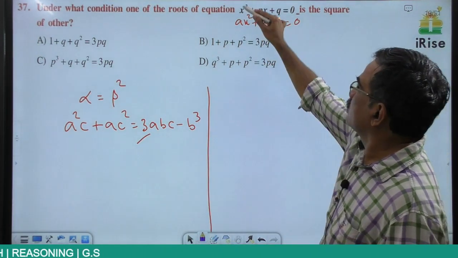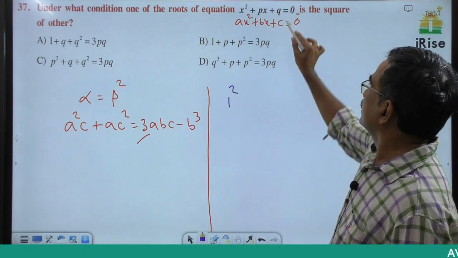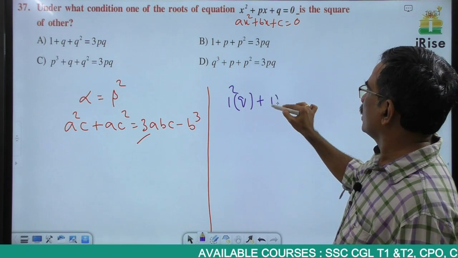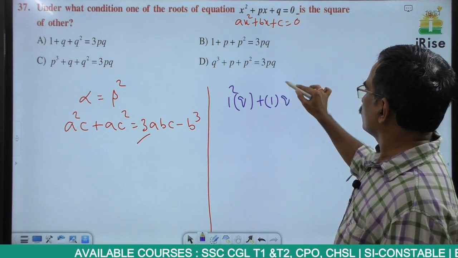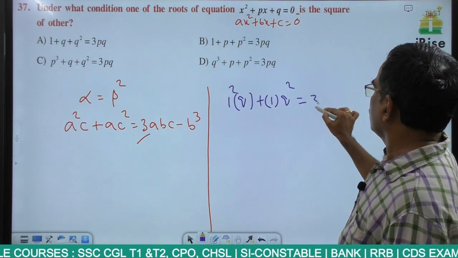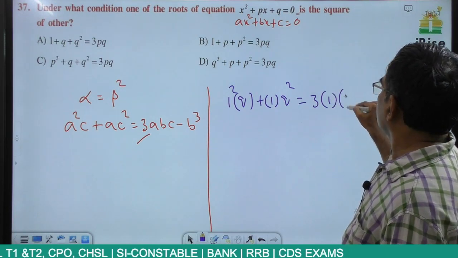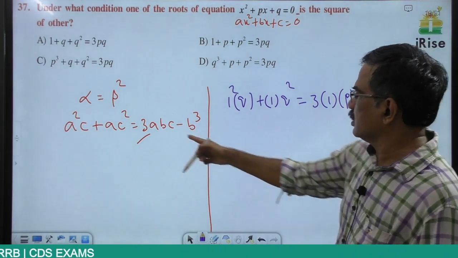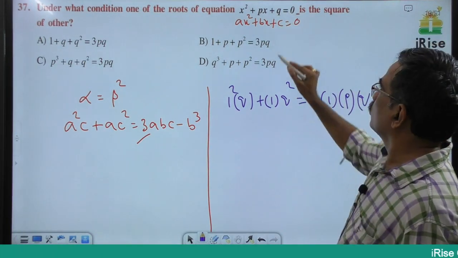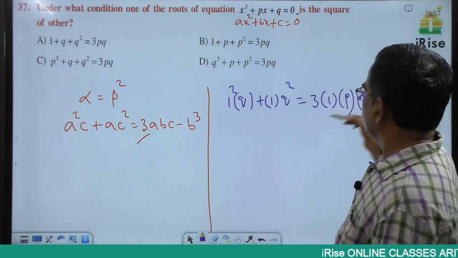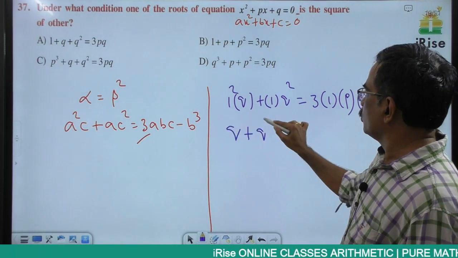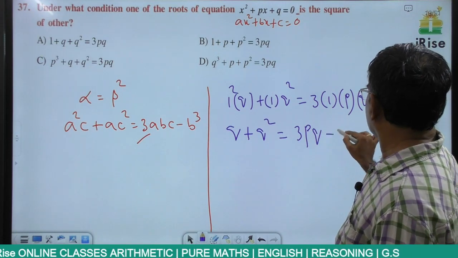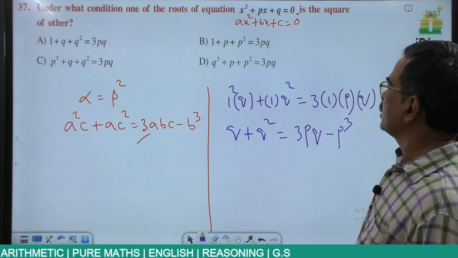a square, a is 1, c is q, plus ac square, a is 1, c square, q square, is equal to 3abc minus b cube, b is p, c is q, so pq. This is nothing but q plus q square is equal to 3pq minus pq. In which option is it?